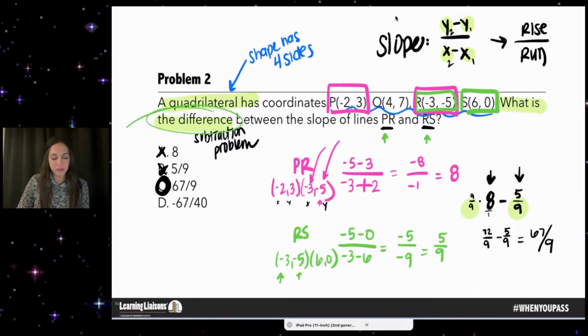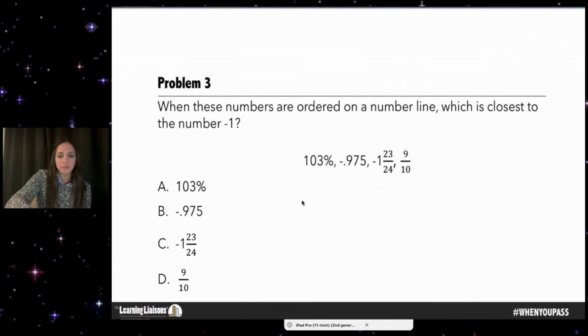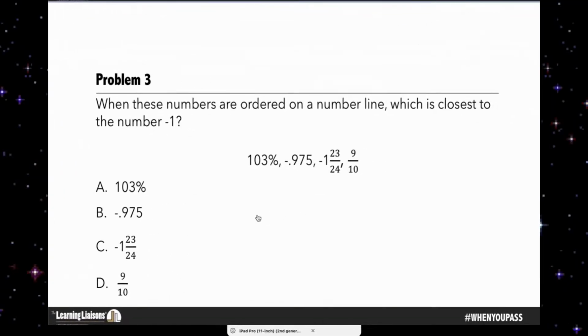Let's go ahead and move on to problem number 3. When these numbers are ordered on a number line, which is closest to the number -1?